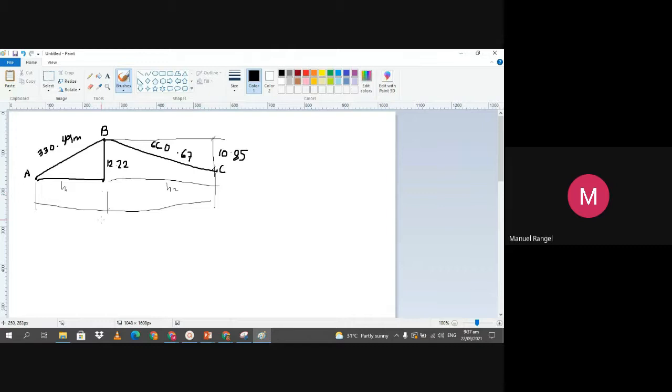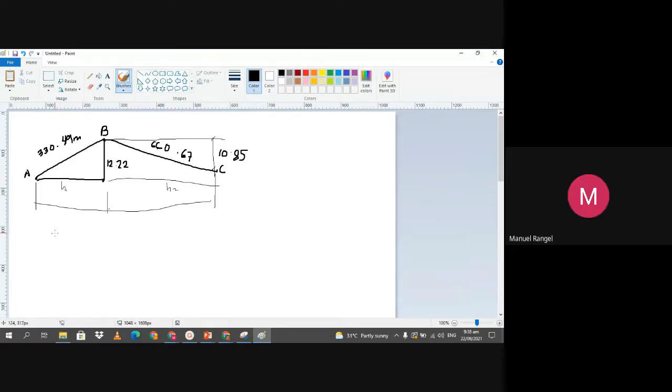So using the slope, the formula for CH is h squared divided by 2s.